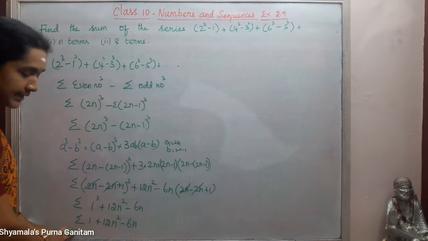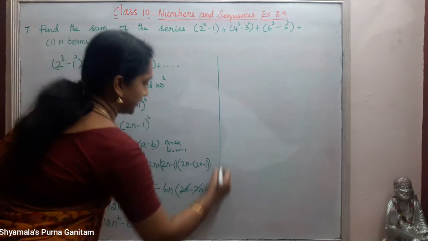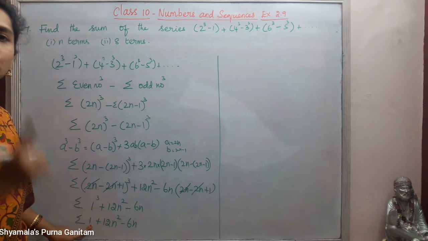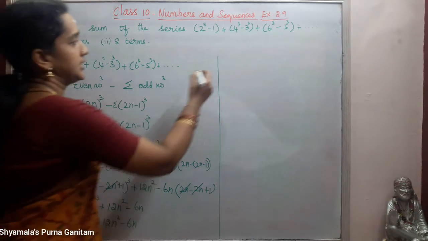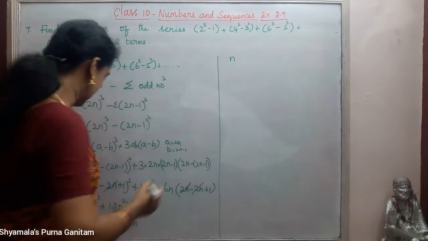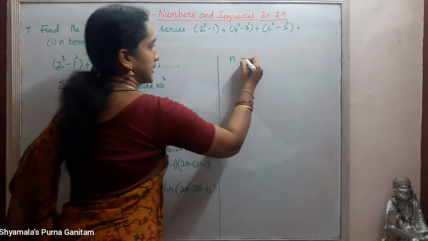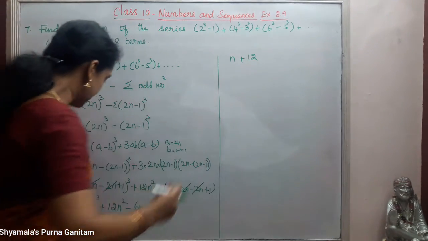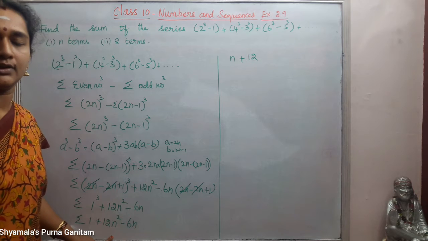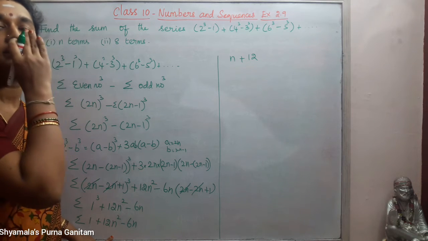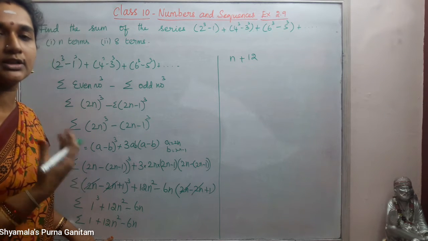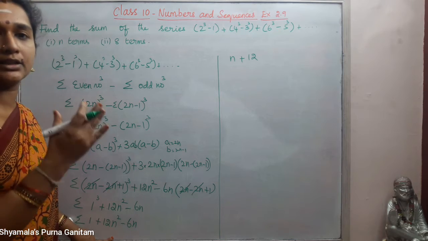Okay, so now sigma is there. Sigma 1 value is n, plus 12 into sigma n squared, the sum of the square numbers. What is the formula for the sum of the square numbers?